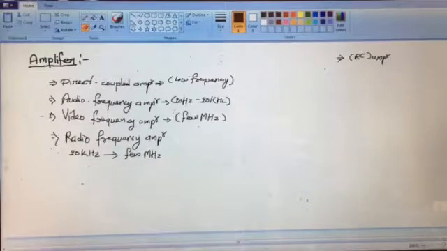Similarly, we can use inductance and capacitance. In that case, the amplifier will be LC amplifier.